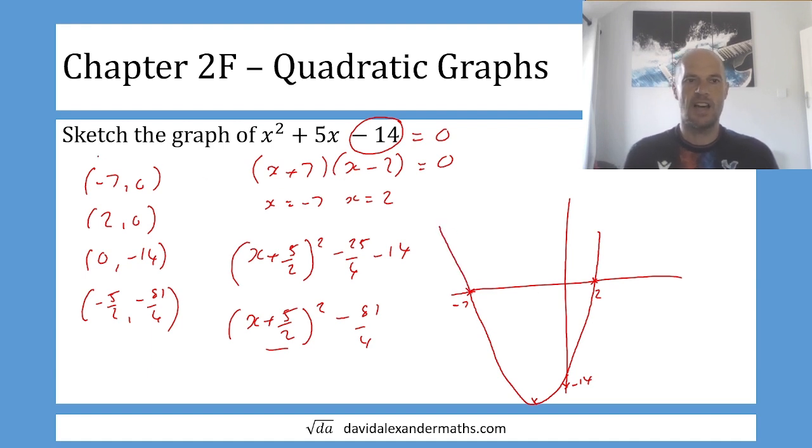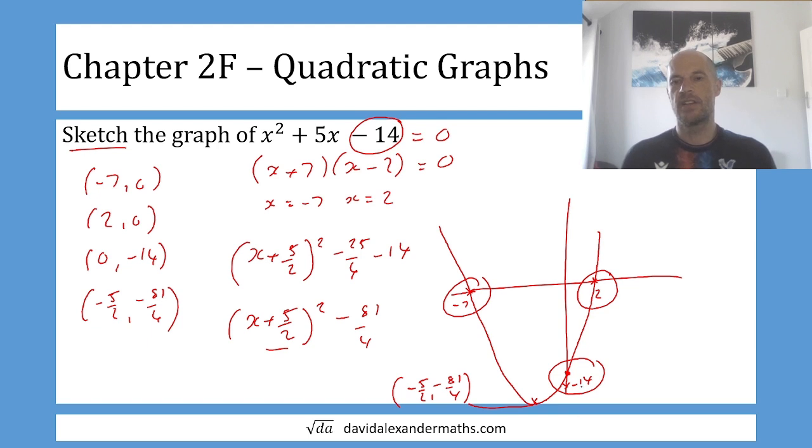Like I say, it's only a sketch, but as long as I've got the x-intercepts clearly labelled, the y-intercept labelled, and I can make a note that the turning point here is minus 5 over 2, minus 81 over 4. Again, you might want to write this as minus 7, 0, 2, 0, 0, minus 14, just to give it the complete x and y coordinates.